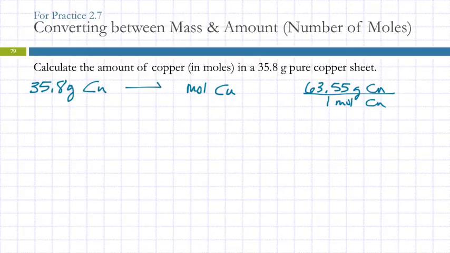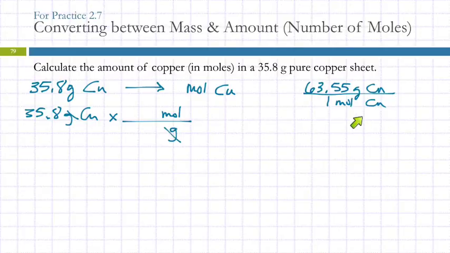So that tells me I can go from grams directly to moles. 35.8 grams of copper. I have 1 conversion factor. I'm going to have moles on the top and grams on the bottom because I want those units to cancel out. I look at the relationship. The 63.55 is with the grams, and that's 1 mole. Molar mass is the mass of 1 mole.